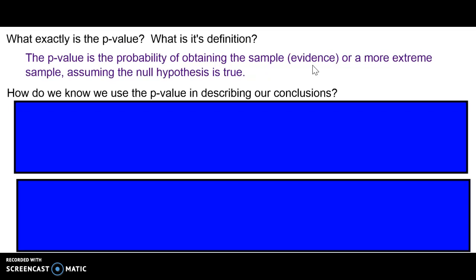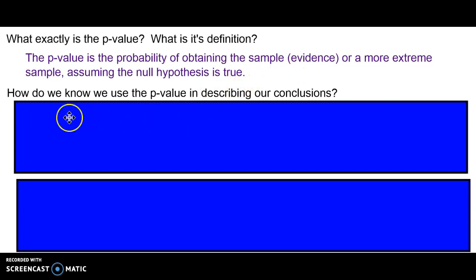So if we are expecting to open up a bag of M&Ms and find that 20% of them are green, but we open the bag and only one out of 50 M&Ms is green, well, whoa, that should lead us to say maybe the green M&Ms are not 20%. Maybe there's something different. So we would reject the null hypothesis that says 20% of the M&Ms are green.